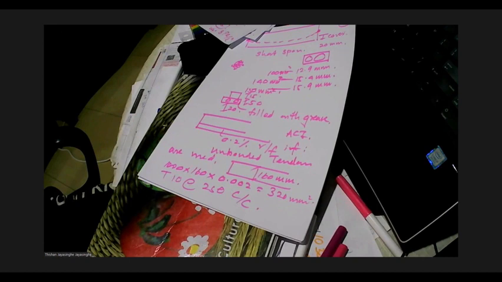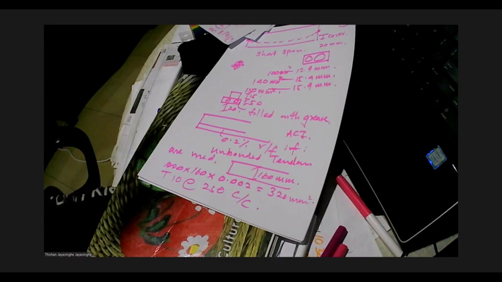So you can see in PT slabs, you can save concrete, you can save steel, and above all, you can get a slab with lesser deflection. So there are many advantages of going for this.